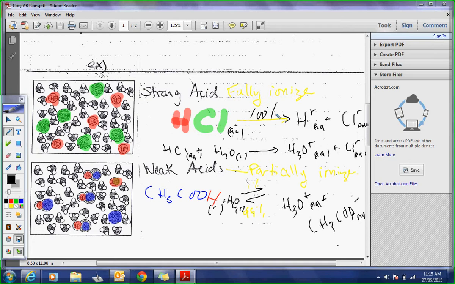Okay? Whereas the other one exists in equilibrium, and we could draw a K expression, and we could do an ice table, etc. Okay? All right, and we are going to be concentrating mostly on weak acids in this unit. Strong acids are kind of old news. They're Chem 20. Fully ionized, 1 mole per liter of this is 1 mole per liter of this and 1 mole per liter of that.